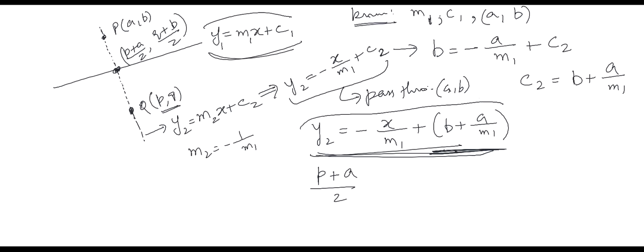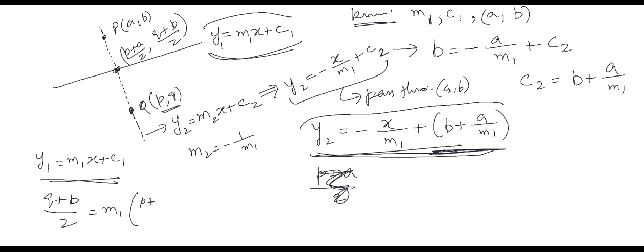So use that. First use this equation, y1 equal to m1x plus c1. In this case, our equation will look like Q plus B over 2 must be equal to m1 times, our x is P plus A over 2, whole thing, plus c1, right?